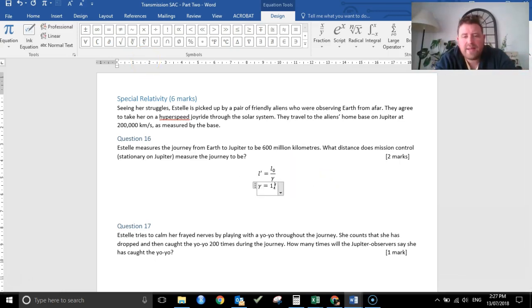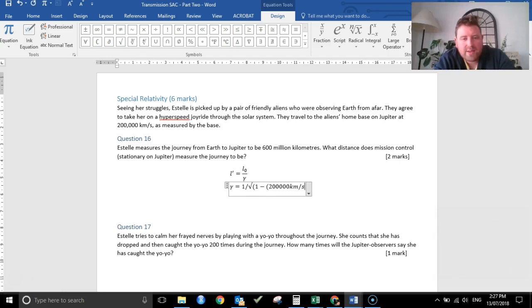Now before we get there, let's work out gamma, and it's worth stating it explicitly. So gamma is going to be equal to 1 on the square root of 1 minus v squared on c squared. So that's 200,000 kilometers per second divided by 300,000, I put one too many in there, kilometers per second.